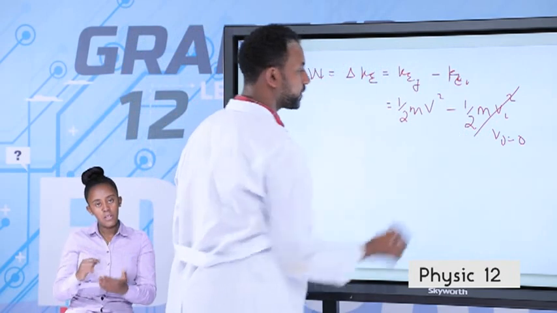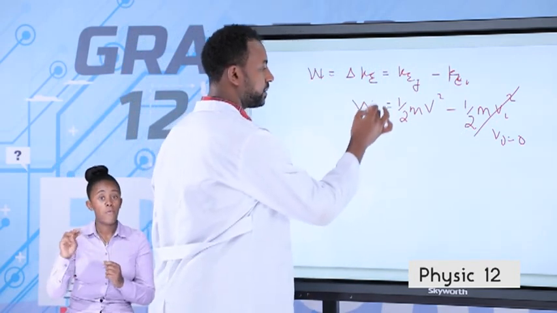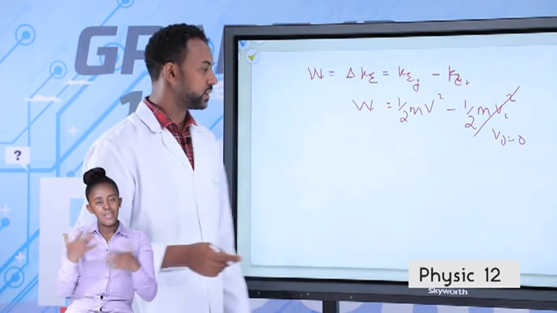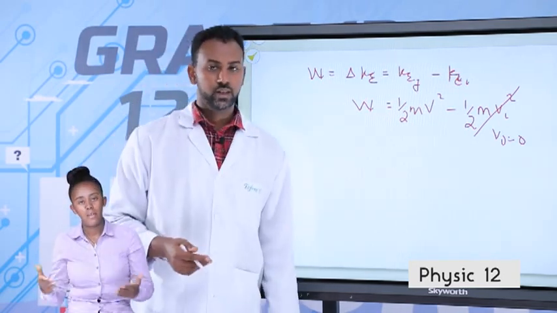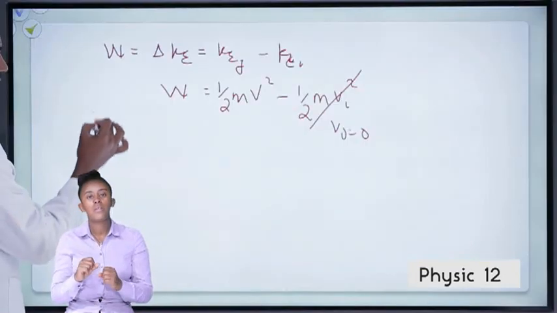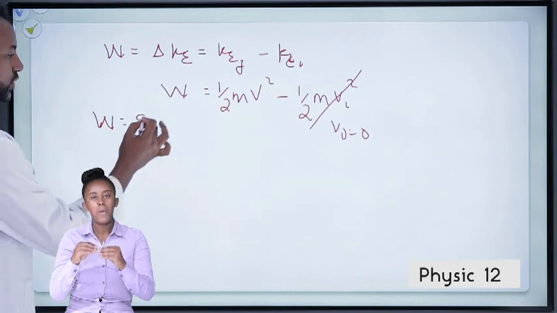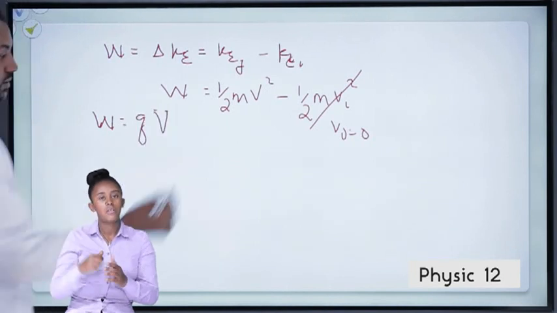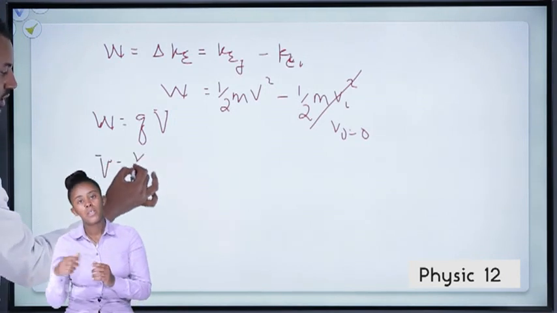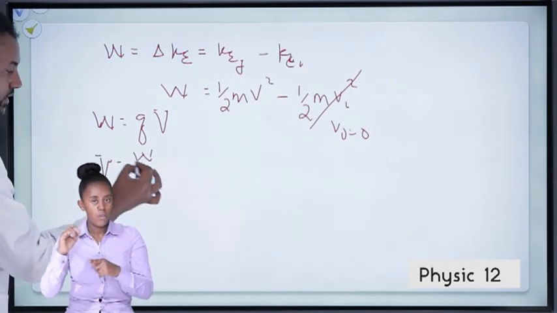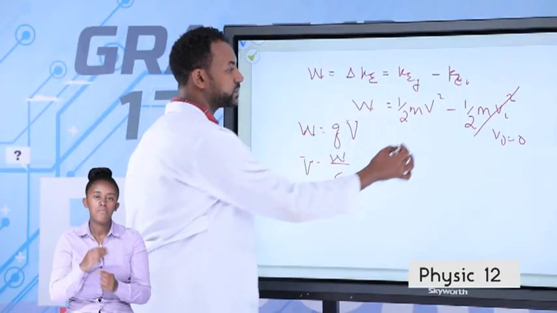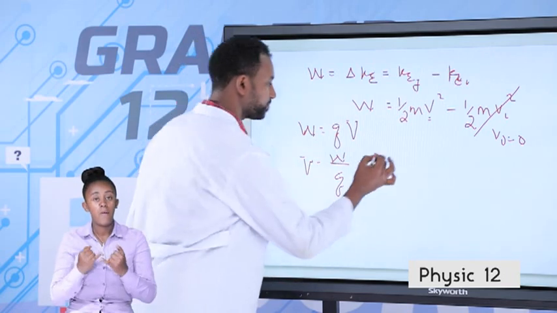Therefore, it's possible to have an expression: half mv squared is W, which is the electrical work done on the charged particle. In Unit 4, electrostatics, you have learned that it's possible to find electrical work done using a mathematical expression with charge and potential difference, or a voltage V. Or it's also possible to restate voltage as work or change of energy over charge Q. From this expression, we can rearrange and find an expression for the velocity.